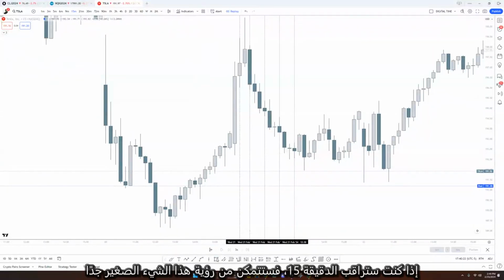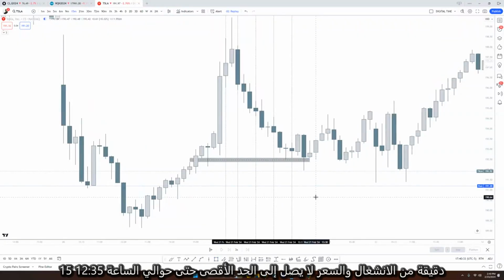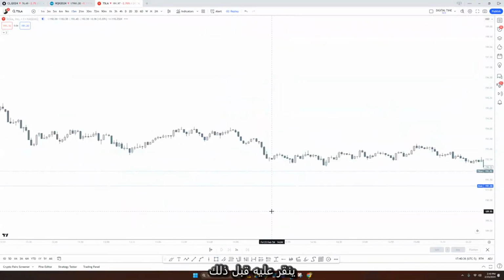If you were to observe the 15-minute, then you can see this very small 15-minute BISI, and price does not hit it until right around 12:35.